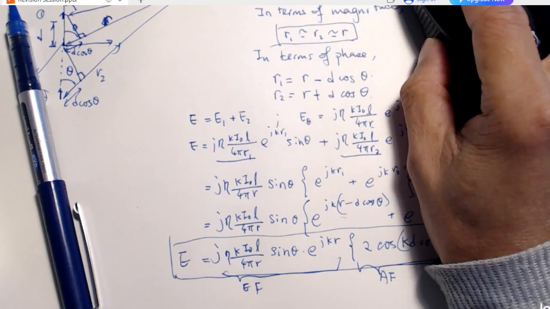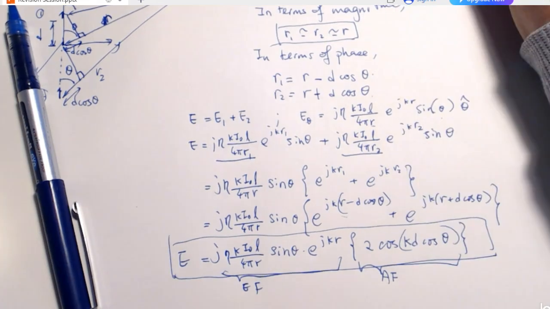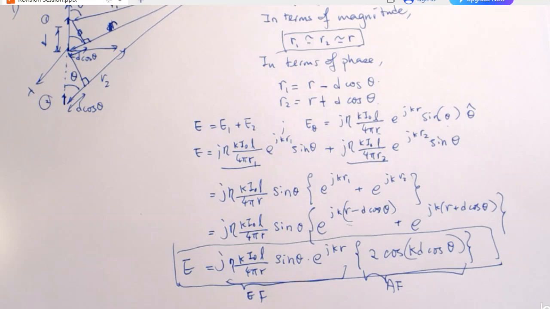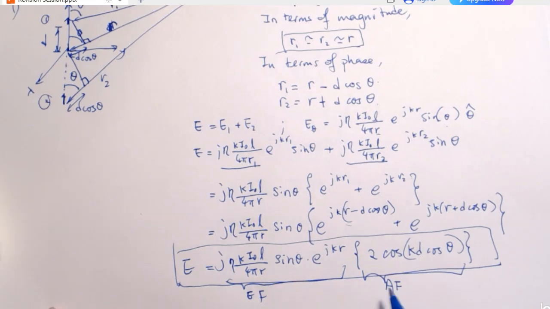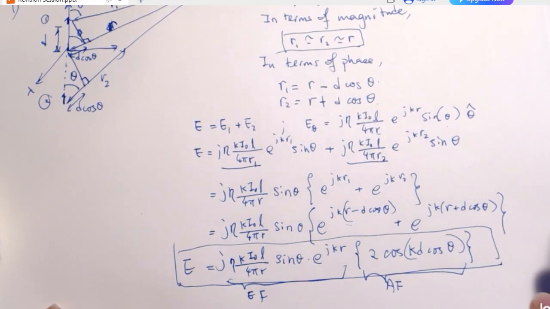Now, if it is clear enough, then the next thing that I'm going to do is to use this expression. Use the array vector, and we will plot the array vector against theta and see what we are going to get.